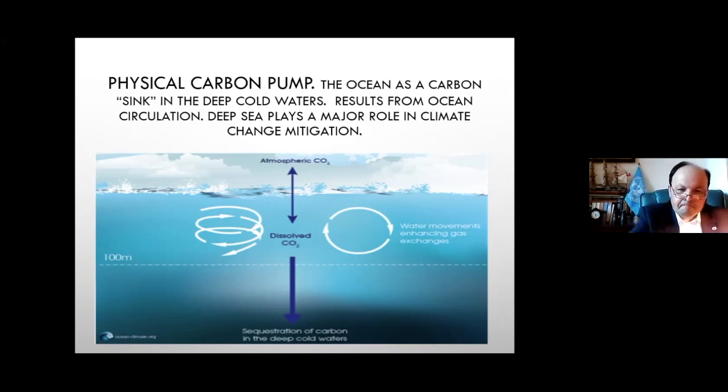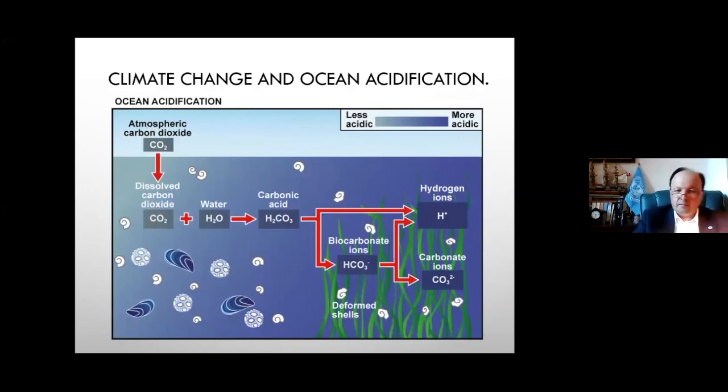I think I've got a little bit of time to say what happens with global warming, climate change, if you want. It's ocean acidification. With this slide, it's only to mention what happens with this process of acidification of the ocean. The waters in the oceans are naturally less acidic, shall we put it that way.